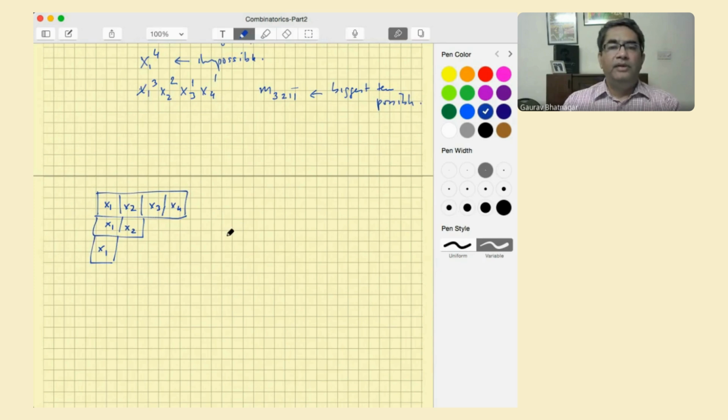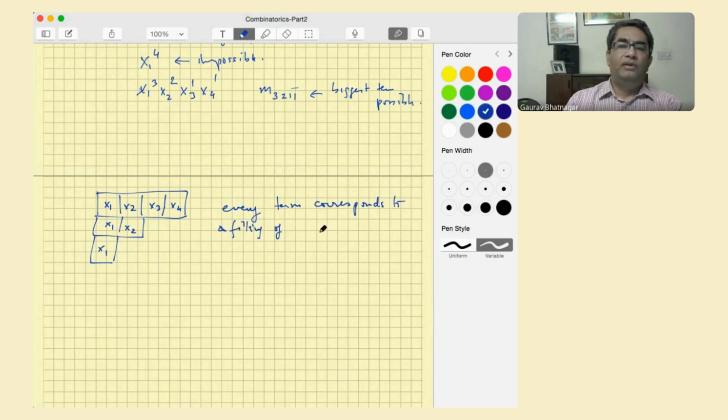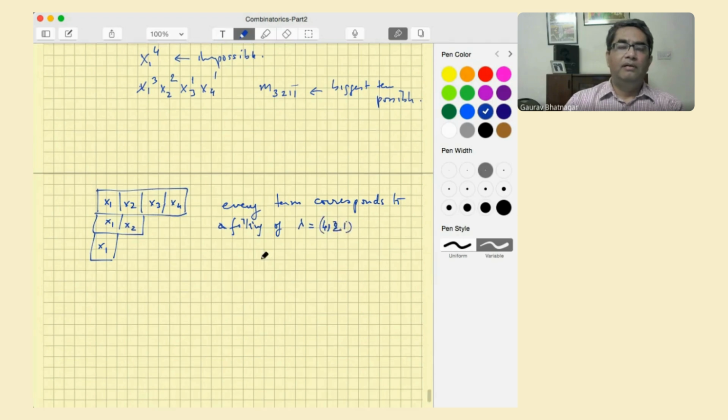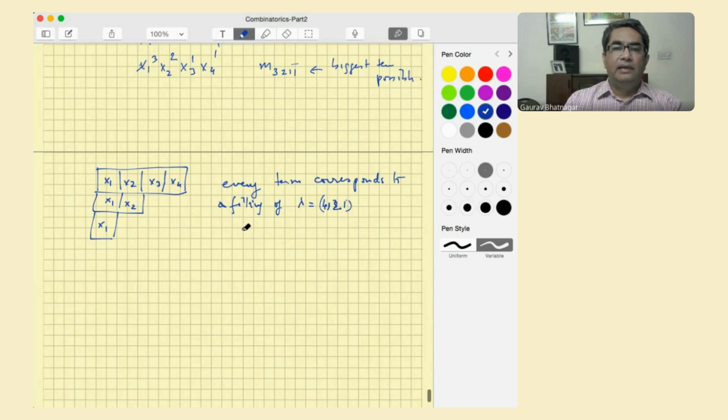Okay, so is that clear that every term corresponds to a filling of this lambda, 4, 2, 1, such that terms increase from left to right?